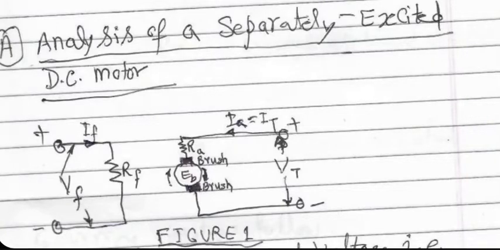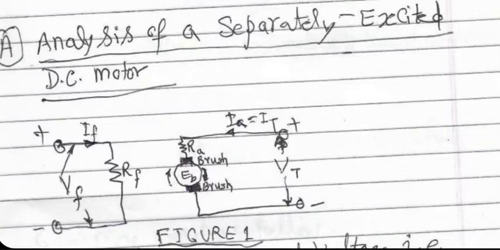In fact, as a reaction to the applied voltage Vt, the armature generates its EMF. That is why it is called back EMF. And we generally represent it by a symbol EB, although in many books you will see EA. A means armature. Okay. But I'm going to be calling it EB in my discussions.